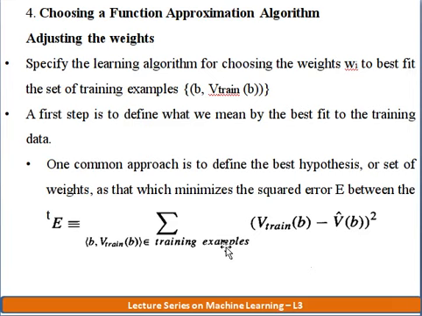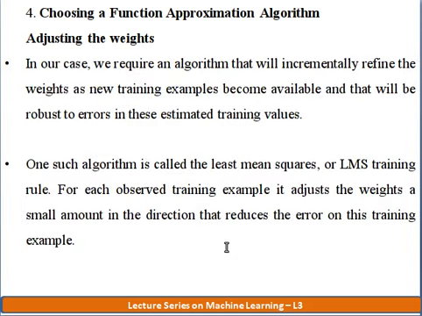That is, E is the summation of V train of b minus V cap of b, whole squared. Here V cap of b is the value predicted and V train of b is the training value. So if we get a smaller squared error, then we say that the training data is best fitted.